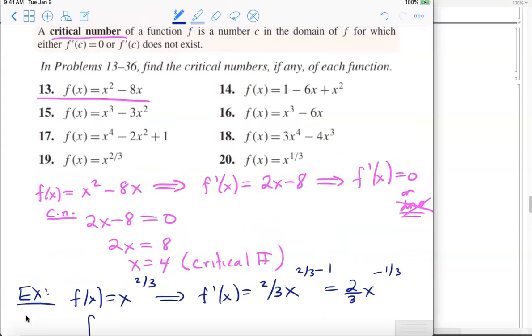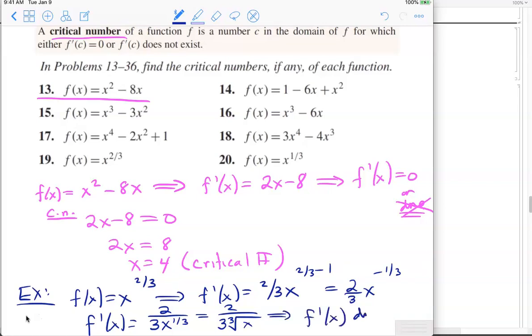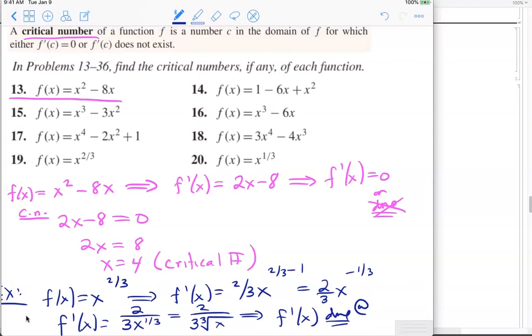So f prime of x is equal to 2 over 3, and the negative power means that we send the x to the 1/3 to the denominator. X to the 1/3 is the same thing as the cube root. So what we're seeing here is that f prime of x now does not exist at x equals 0.